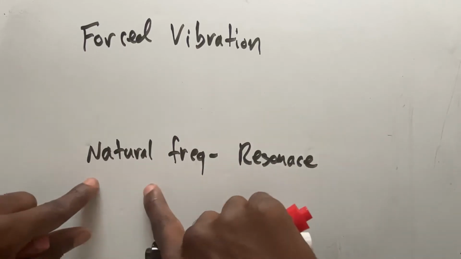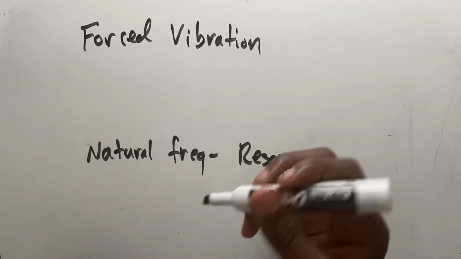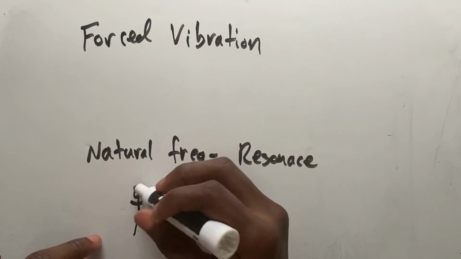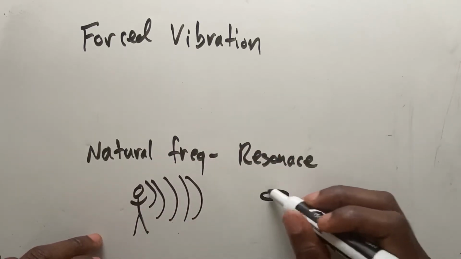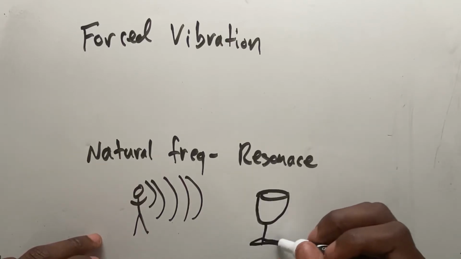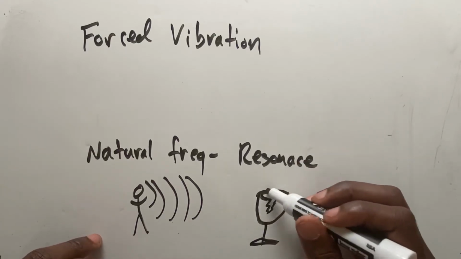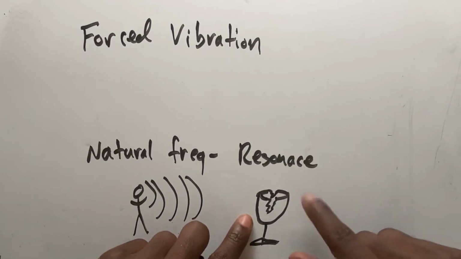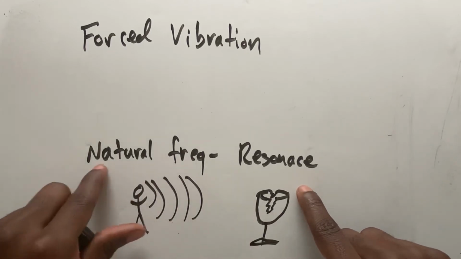resonance. An example of this is the opera lady who has a really, really nice voice. And she sings and she causes this wine glass to break, right? What's causing it to break is that she's shaking the molecules inside of this glass at the natural frequency.